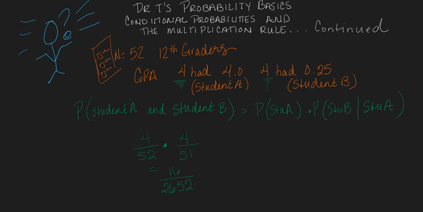I came up with 2652, which leaves us with a conditional probability that we will pull 2 surveys out of our pile, and one of the surveys will be for a student whose GPA was 4.0, and the other will be for a student whose GPA was 0.25.